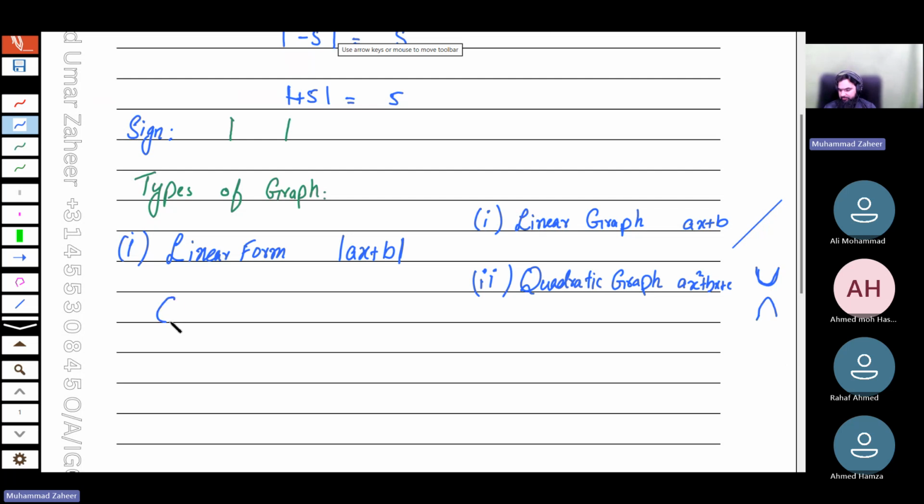In the same way, the quadratic form has a modulus on ax square plus bx plus c. It means it is going to be the same graph. If it is linear, it is the same linear; if it is quadratic, it is the same quadratic. What is the difference? The difference is that it just changes the negative values into positive.